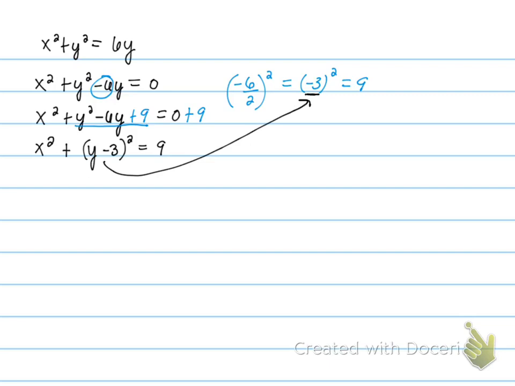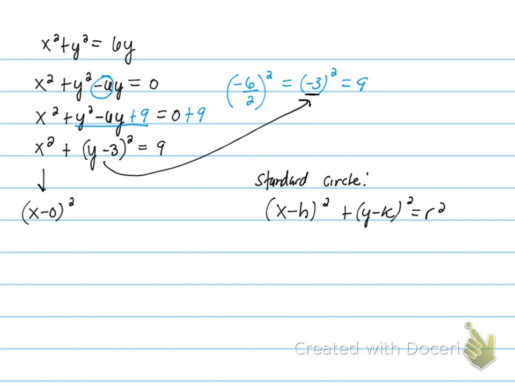Now I do recognize this as a circle. We know the standard form for a circle from pre-calculus is x minus h quantity squared plus y minus k quantity squared is equal to r squared. So we're going to write our equation in that format. So I could write it as x minus 0 quantity squared, because that's the same thing as x squared, plus y minus 3 quantity squared, and then we know 9 is really 3 squared.